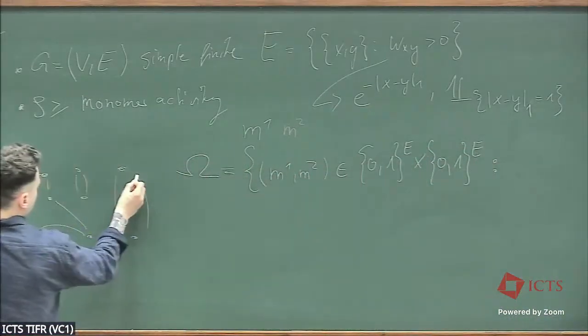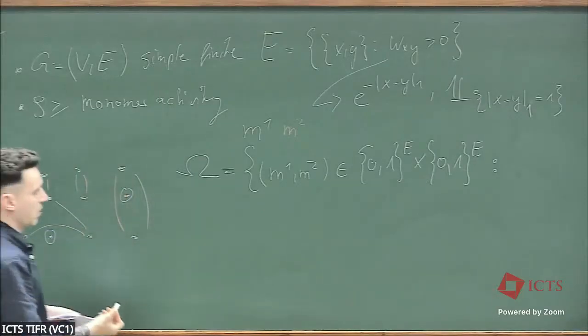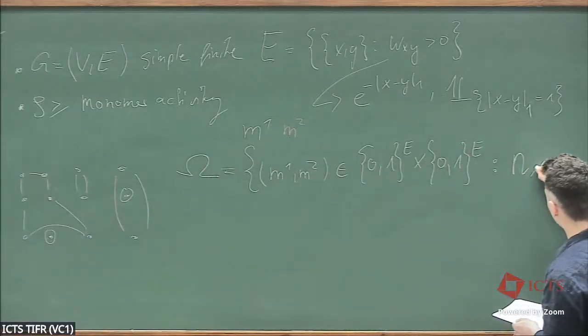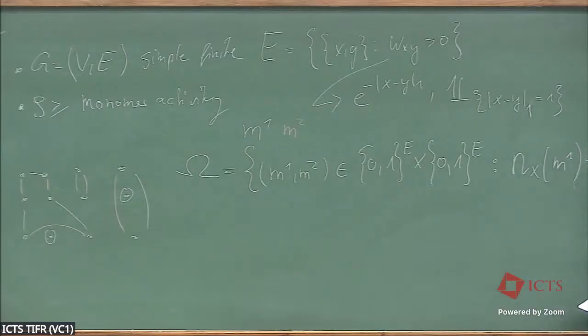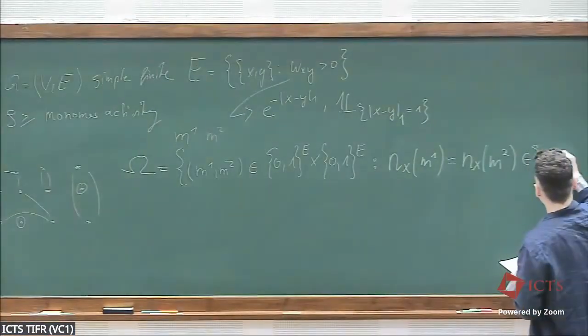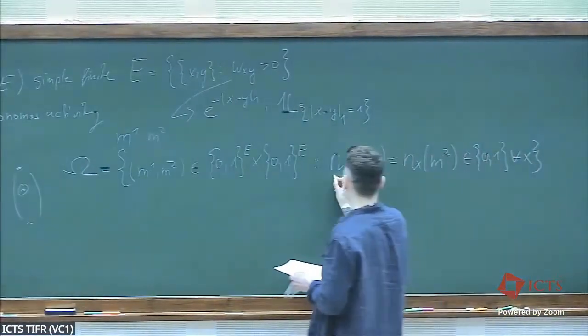Either we have a red and a white one at a node, or we have no dimer at all at the node. So this is the condition that the local time at x of M1 is the same as the local time of M2. And this is an element of {0,1} for all x. So this is our probability space.